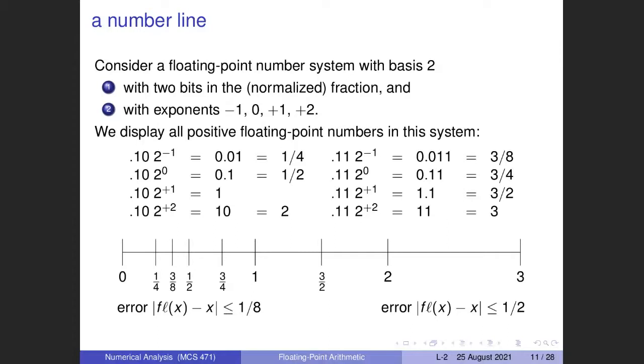All right, time for an example. We are 10 slides in. Let's look at a very simple, but not trivial, number system. It's a binary number system, base 2, and it is a hypothetical number system. We have very specific hardware where we have only 3 different exponents and only 2 bits in the fraction.